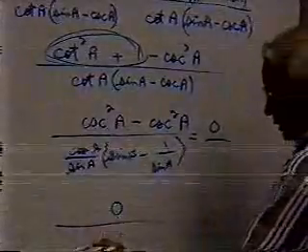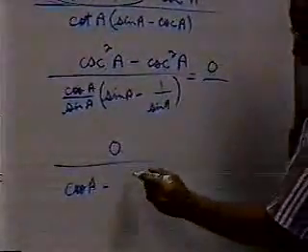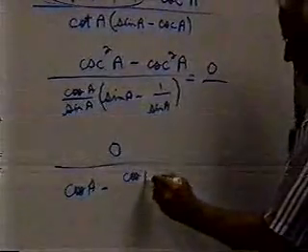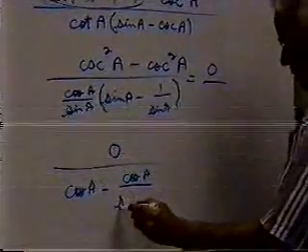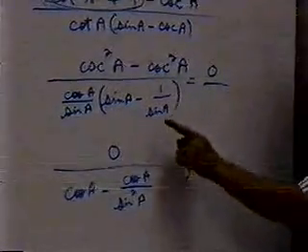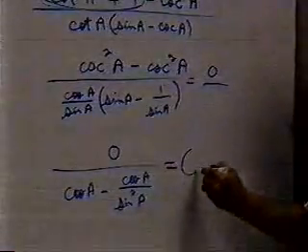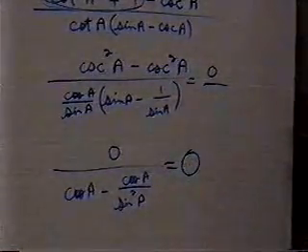This times that just gives me cosine. And this times this gives me cosine over sine squared. But it's still 0 over that. That's not 0. So it's 0 over that. So the final answer is 0 in this problem.